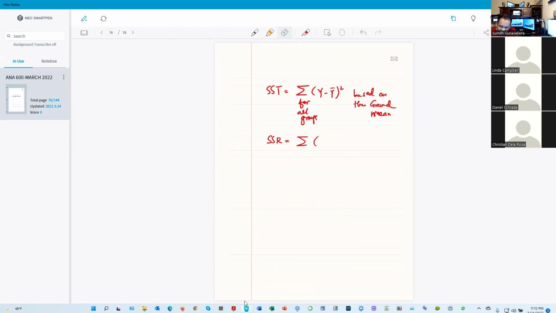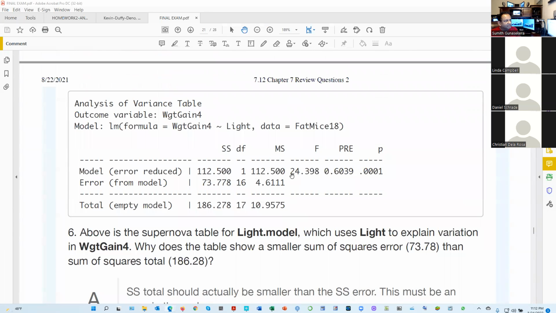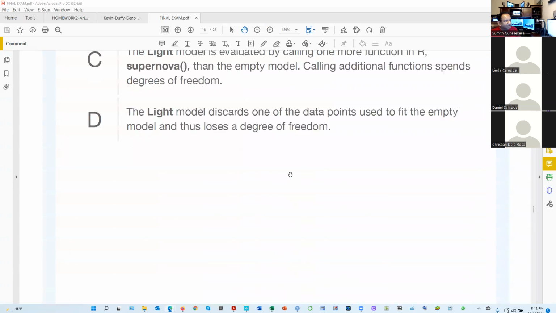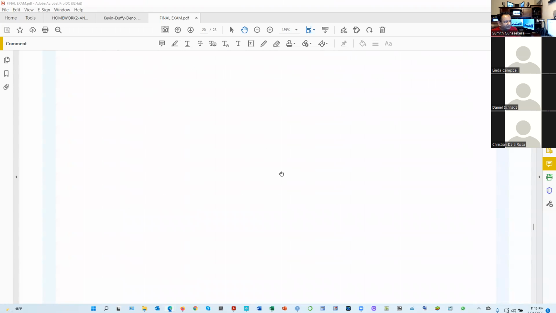You go to the Y of that group, let's say the L group, the light group, minus its own mean, squared, plus the other group. What is the other group? I'll say no light, for my convenience.